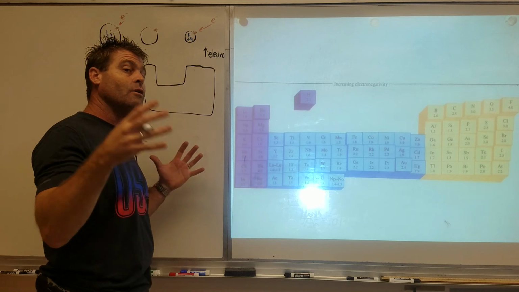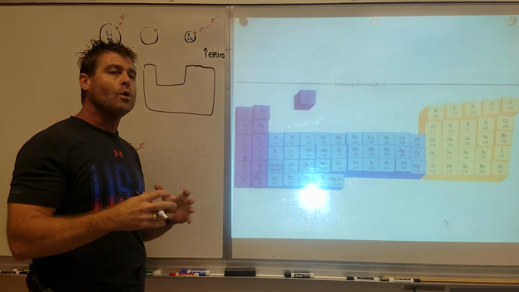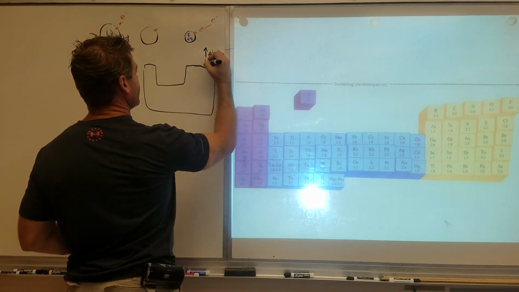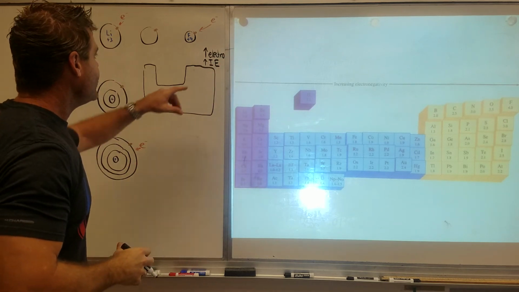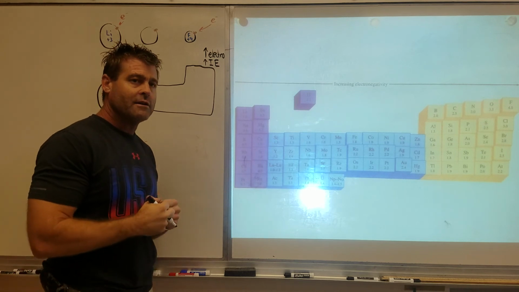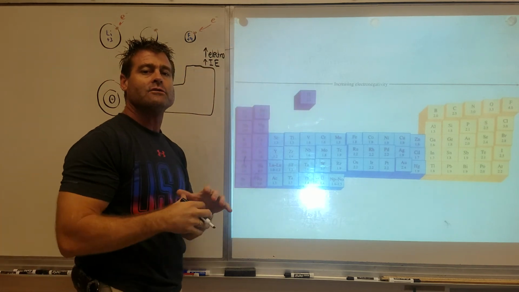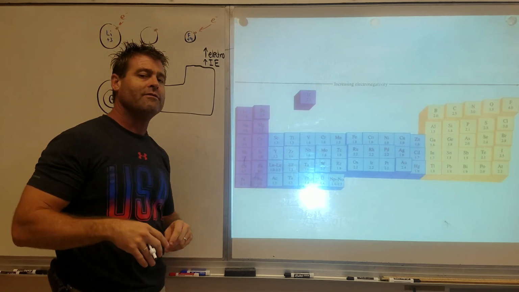So now we're going back to the previous lesson. Remember, those are the ones that are going to hold on to their electrons the tightest. Wouldn't that also be, I'm going to put IE, short for ionization energy. That's also going to be in the upper right for the exact same reasons. Not only do they hold on to their existing electrons more tightly, they're more inclined to attract other electrons from other atoms.